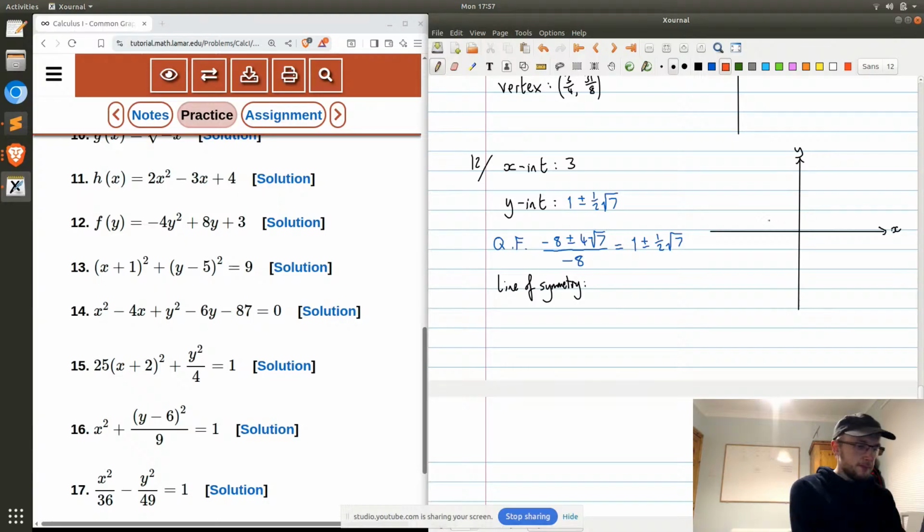Root 7. So it'll be just a little bit below. Anyway, I'm kind of done with this one. As long as they're in the right quadrants, I'm okay.